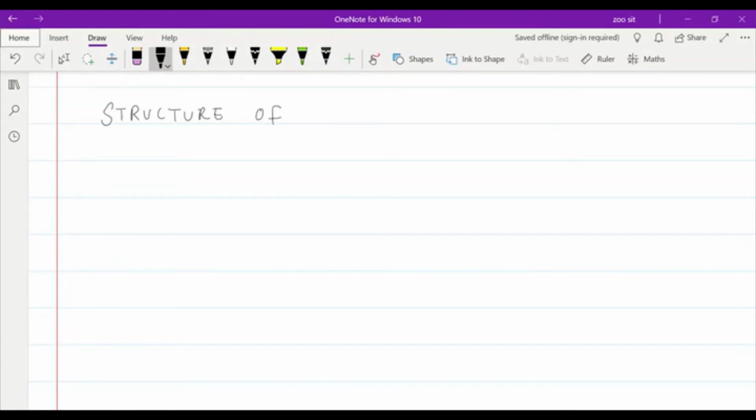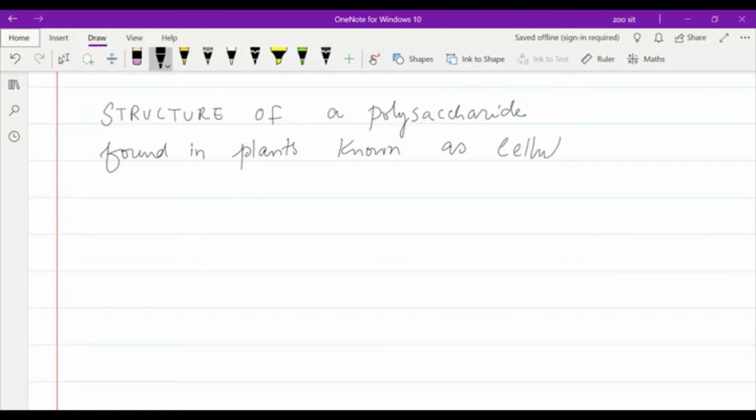Structure of a polysaccharide found in plants known as cellulose.